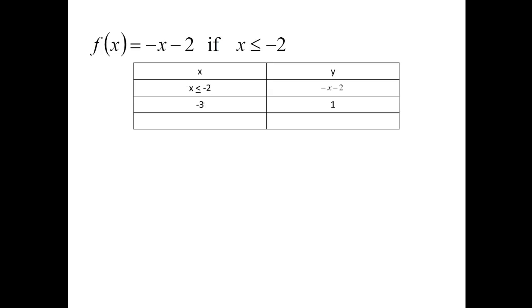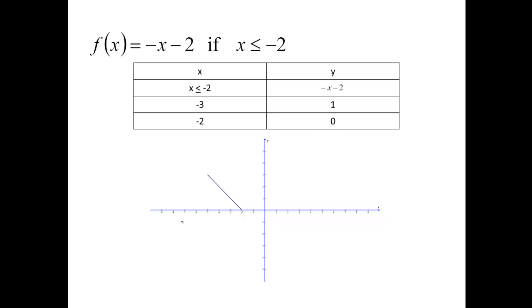So for instance, if x is minus 3, which is less than negative 2, then we would go minus 3 minus 2, and we wind up with 1. If x is minus 2, and we have less than or equal to minus 2 here, then y would be 0. The opposite of negative 2 is 2, minus 2 is 0.